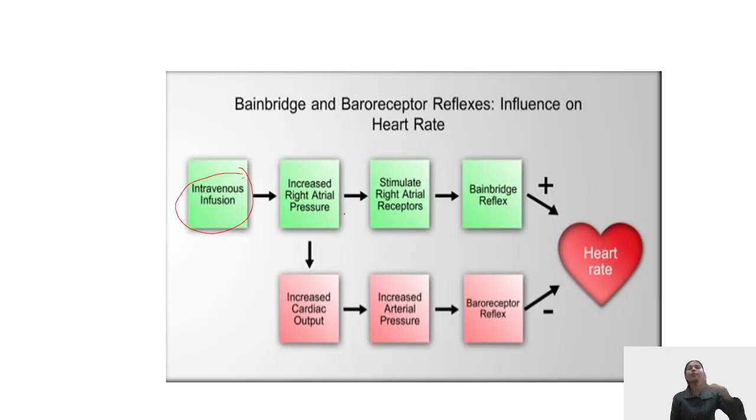This is how Bainbridge and baroreceptor reflex balance is going to maintain your cardiovascular system. I repeat, when it is hypovolemia, baroreceptor reflex predominates. When it is hypervolemia, Bainbridge reflex predominates, and thus maintaining the homeostasis of our body and compensating for the loss. I know we have a wonderful body that God made.